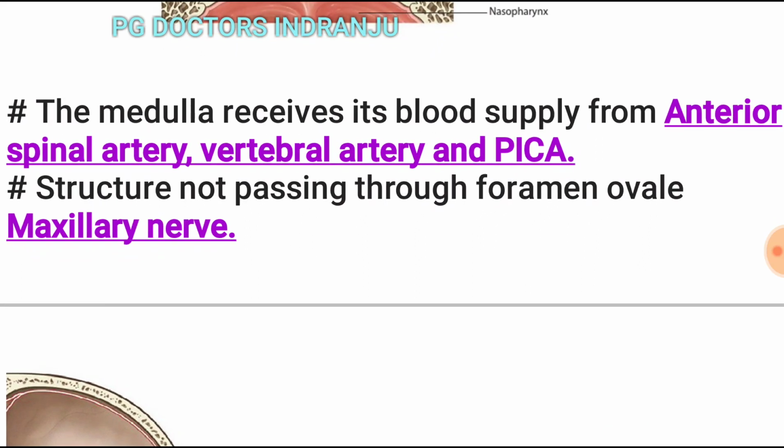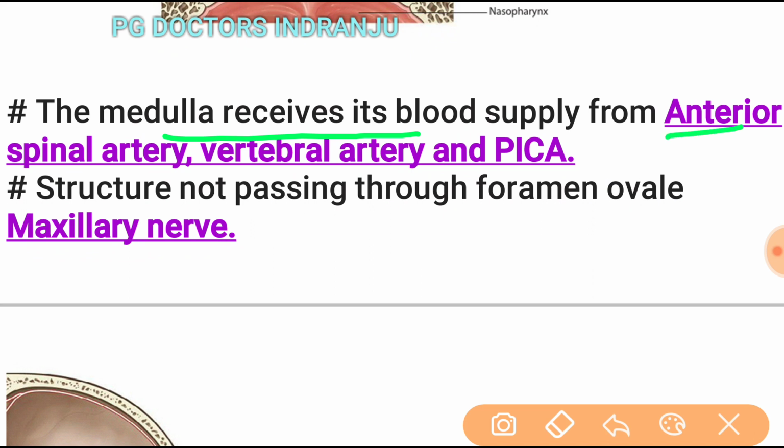Next, the medulla receives its blood supply from the anterior spinal artery, vertebral artery, and then PICA, the posterior inferior cerebellar artery. And next is the structure not passing through the foramen ovale.